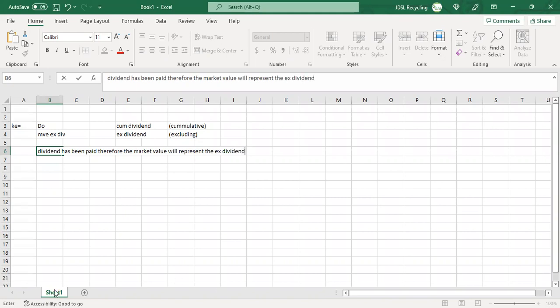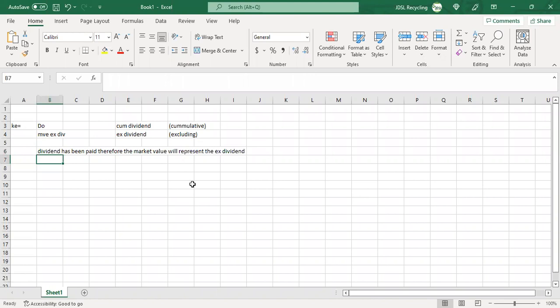But if it has not been paid, that is, if the current dividend is yet to be paid, this will represent cum dividend.